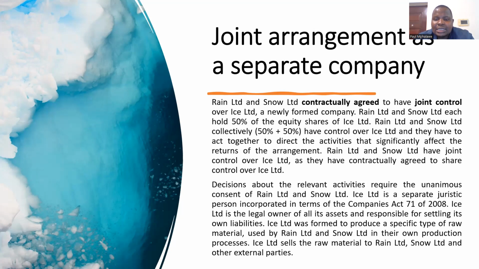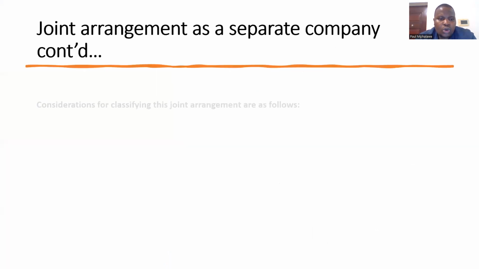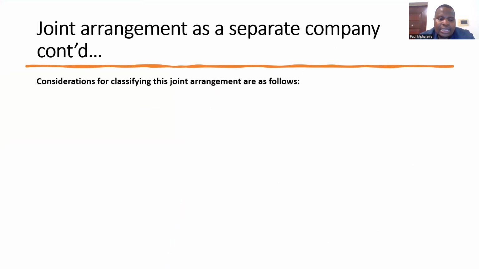So the big question is, identify whether the company is a joint venture or a joint operation. What are the things that we should look for in this example? So here we are saying that the consideration for classifying this joint arrangement is as follows.